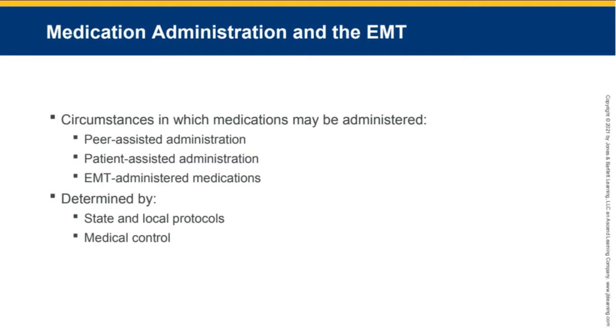Oral glucose, such as when your diabetic patient is hypoglycemic, or aspirin if there is a suspected myocardial infarction. Medical control, state guidelines, and local protocols will determine what an EMT in your system may administer. So you're going to refer to your local standards to obtain a listing of how and when EMTs can administer medications.